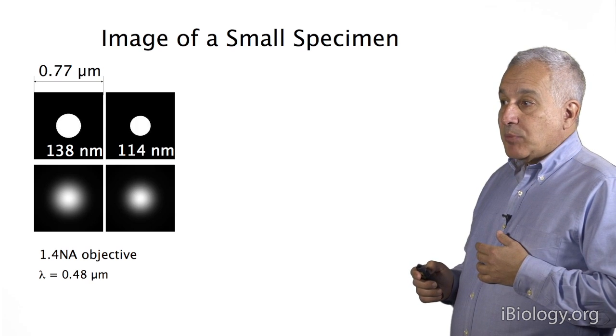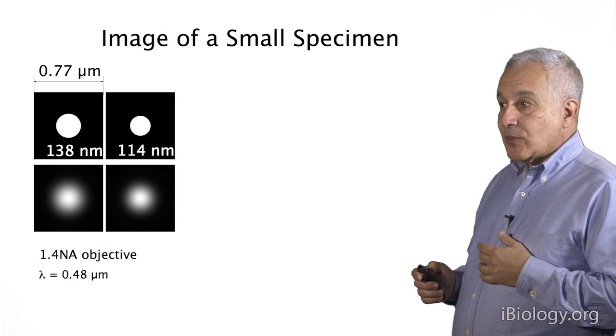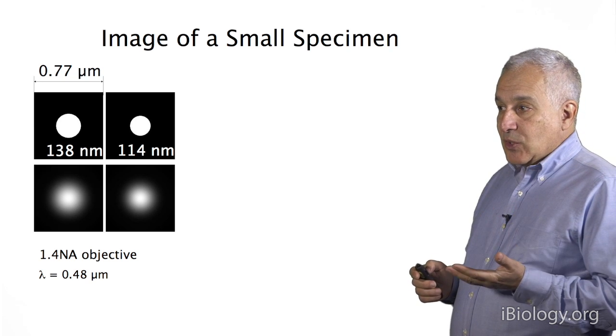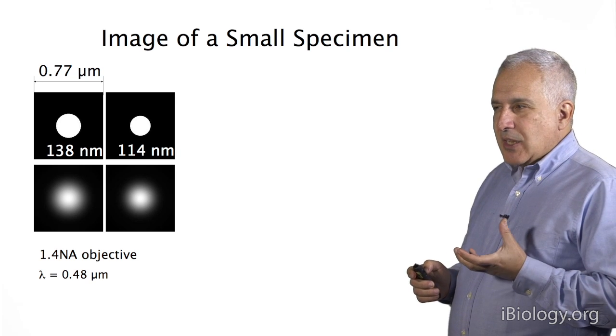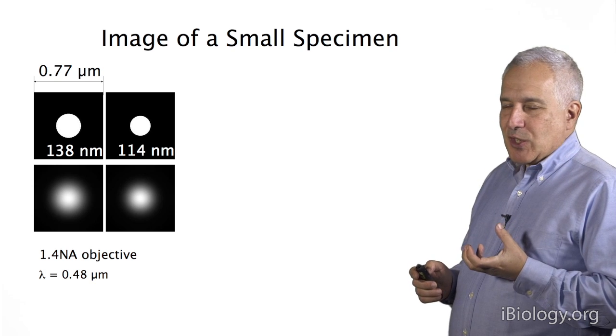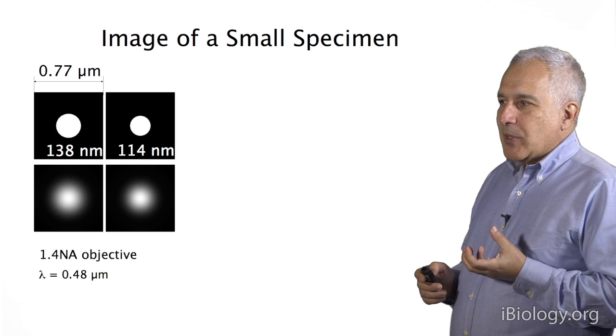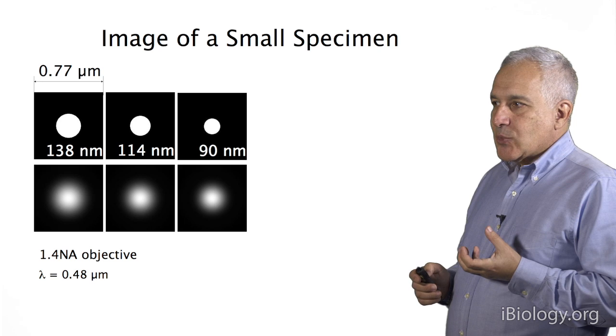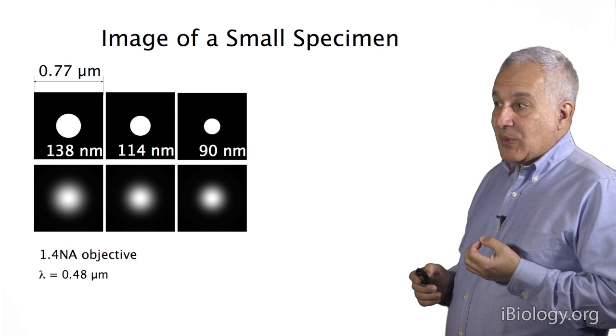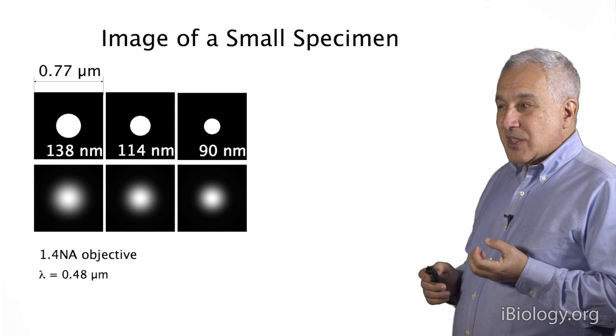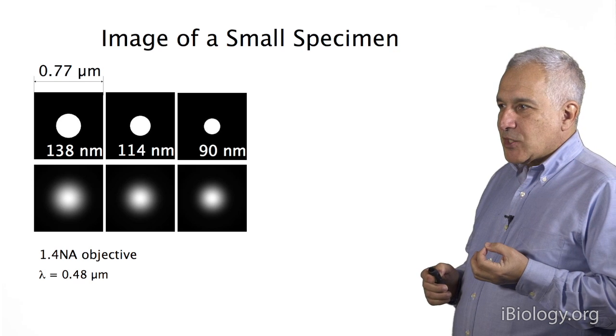As we look at beads that are smaller, like 114 nanometers, and do the computation of the point spread function, there is a slight shrinkage of the size of the point spread function, but it's pretty subtle. And as we go to 90 nanometers, there's still a little bit of shrinkage, but it's not much.